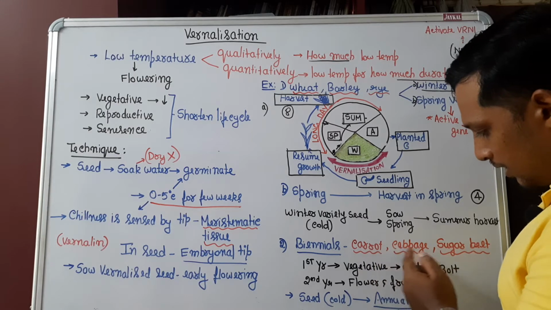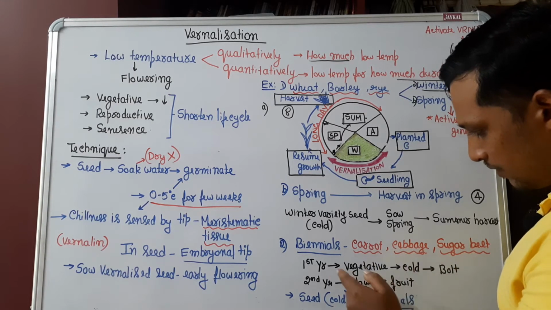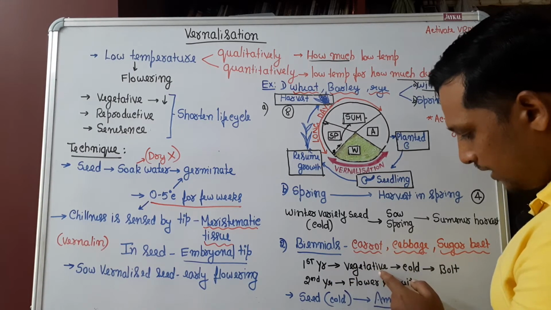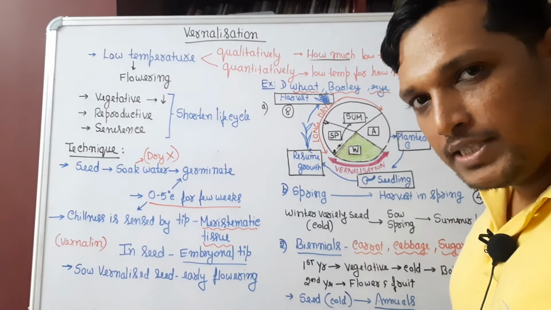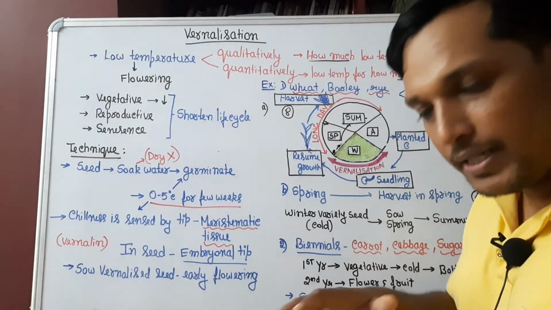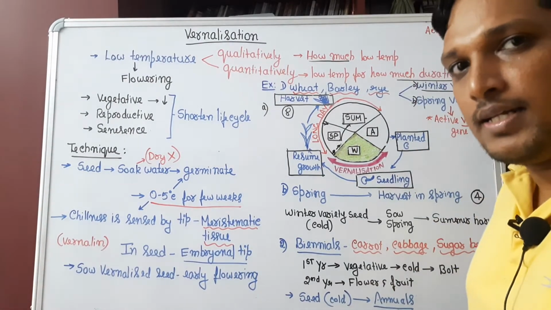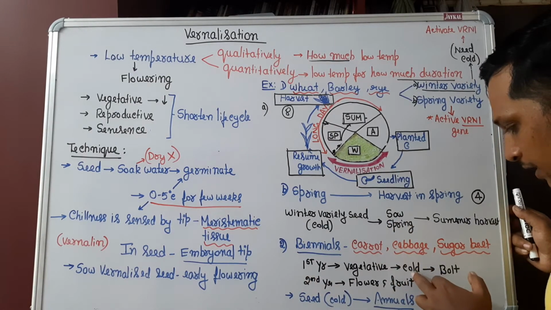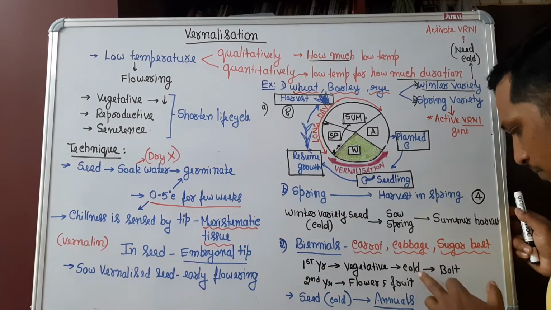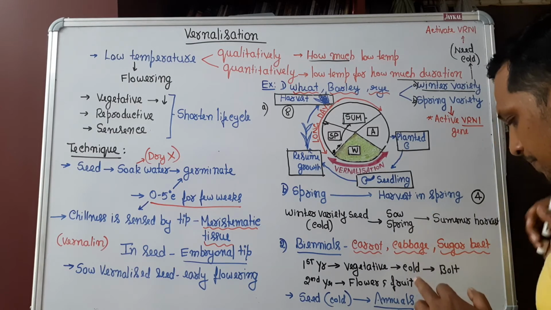Look at these plants. In the first year they grow vegetatively. What do we mean by vegetatively? If it is a rosette plant, they grow in a rosette manner in the first year. Then in that year they will sense the cold temperature present in the environment in the particular cold season.